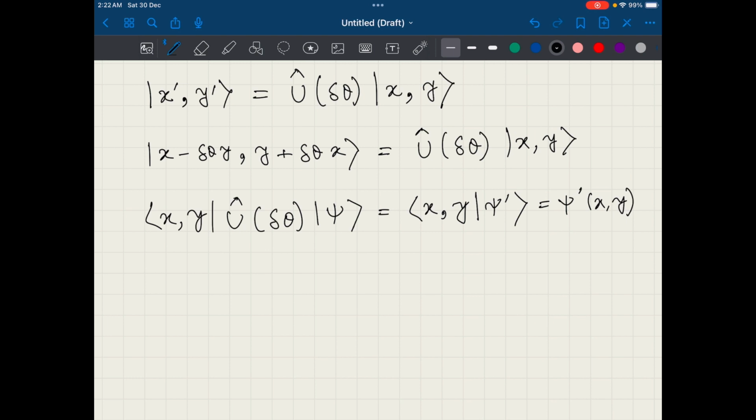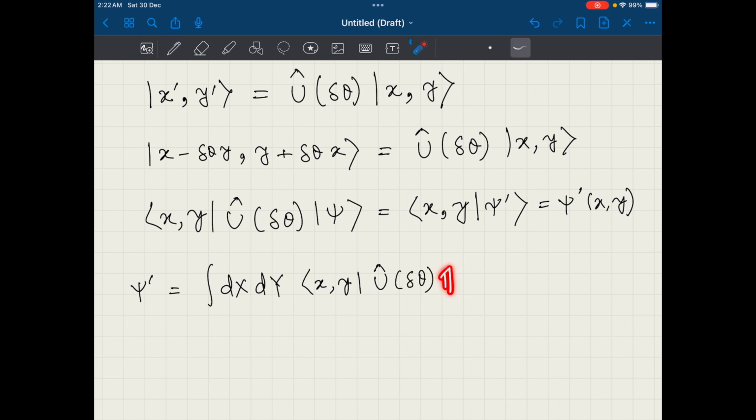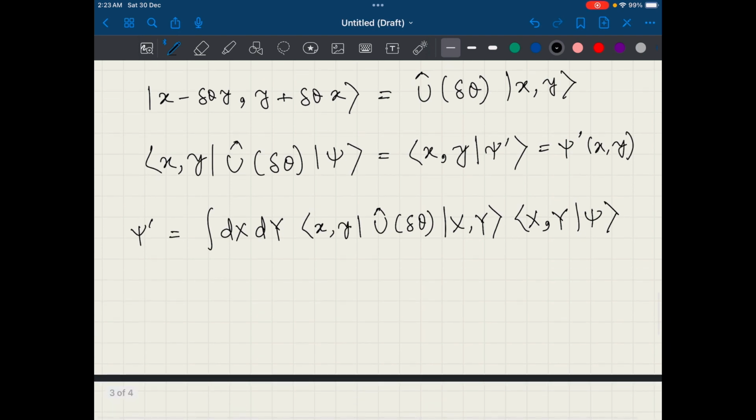Now we write it as psi prime, and in between we insert a complete set of states, the resolution of identity, like this: x y, x y, psi.